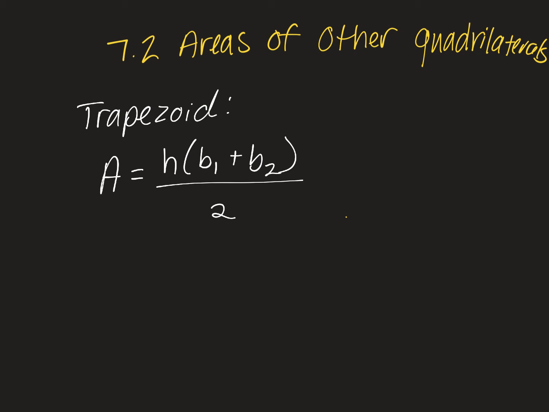So let's see what that's going to look like. That's a very ugly trapezoid I just drew. All right, so your bases are here and here. Right, you're going to add those together first before you would multiply by your height. Now, remember, height is not a slanty side. Your height will always make a right angle.